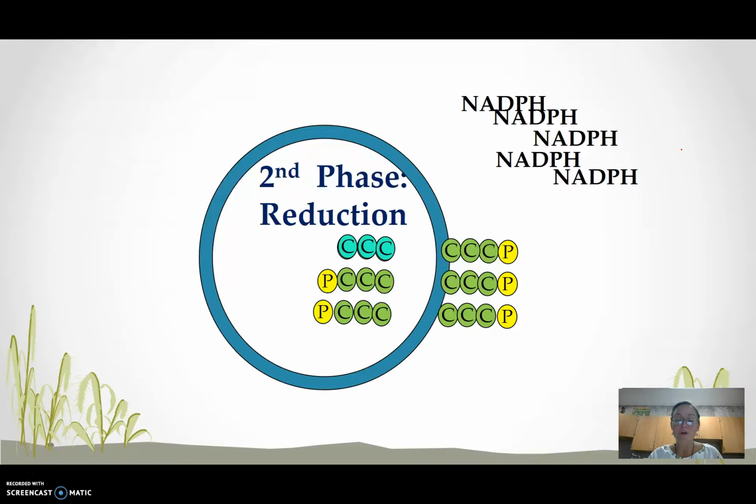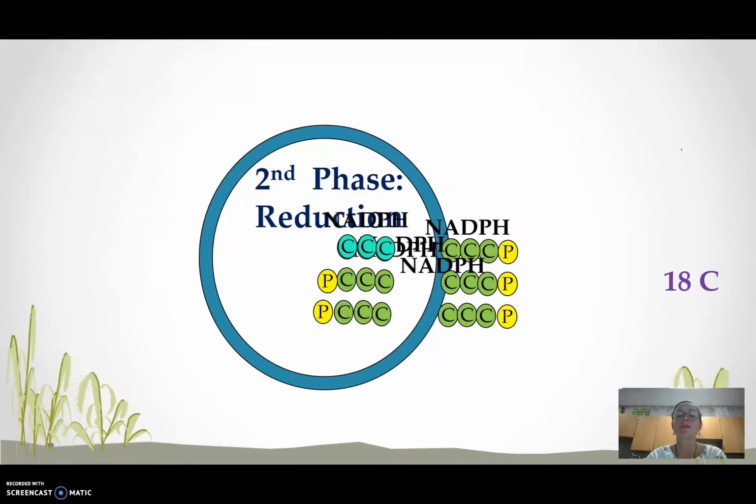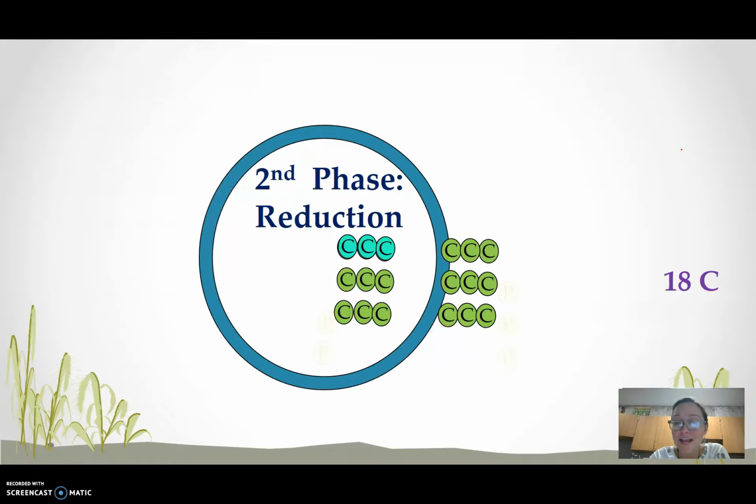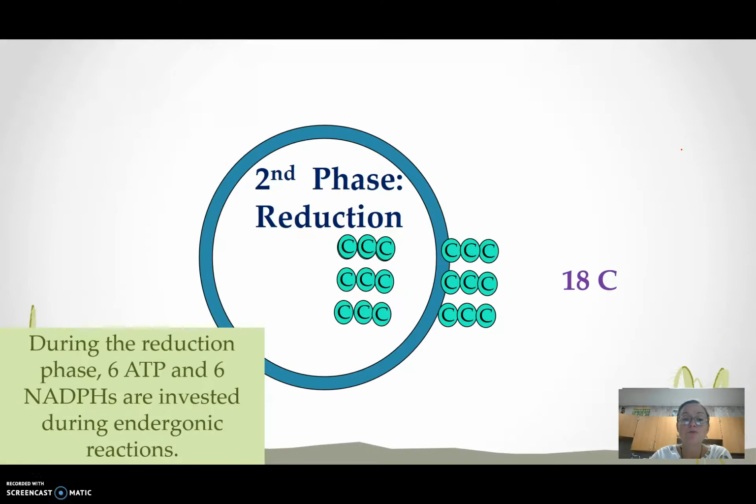And so in that process, you can see it changed the 3 carbon molecule. So we can watch this happen again. So these electron carriers are becoming oxidized, and the carbon molecules are becoming reduced. So during the reduction phase, 6 ATP and 6 NADPHs are invested during endergonic reactions.